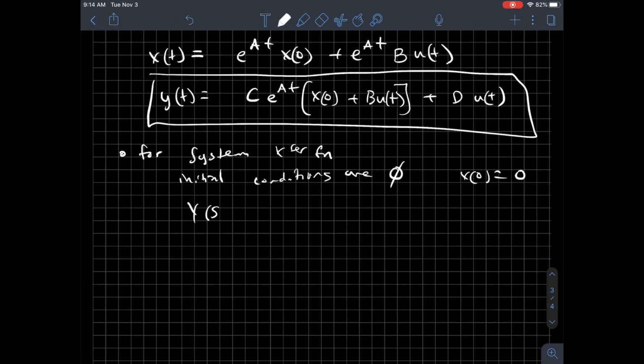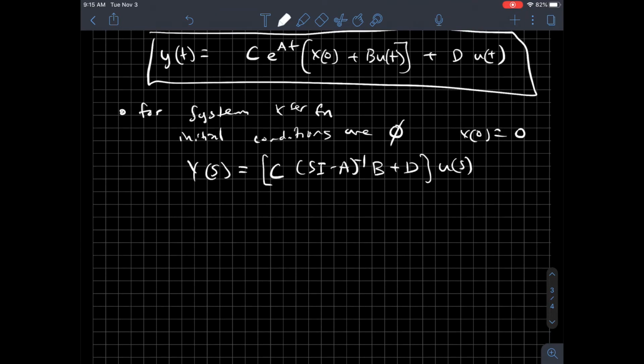So y of s is C times (sI minus A) inverse B plus D times u of s. And so y over u, the overall transfer function, is just C times (sI minus A) inverse B plus D.